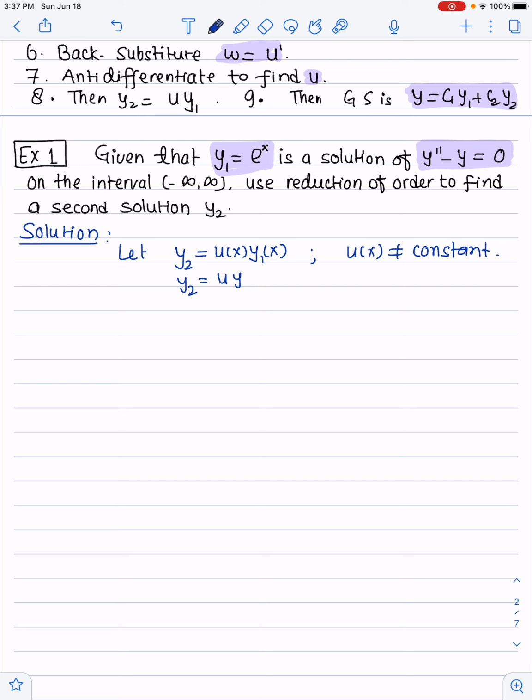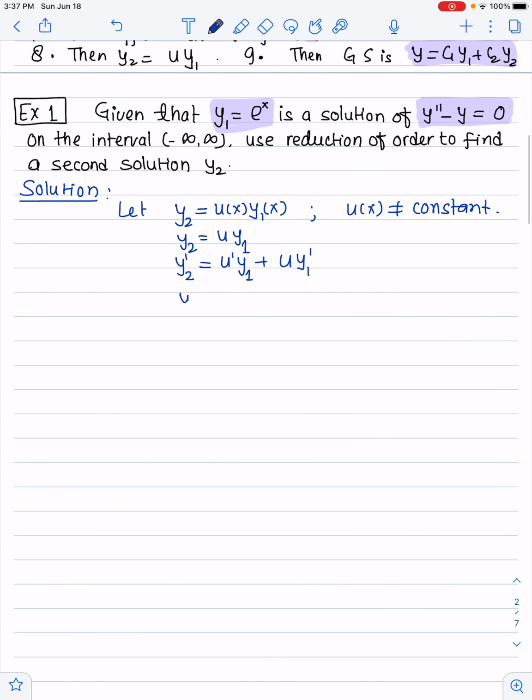Then take a derivative: y2 prime equals, we need to use the product rule on the right side. The derivative of the first, which is u prime, and keep the second as constant, plus keep the first as constant and take the derivative of the second, which is y1 prime.